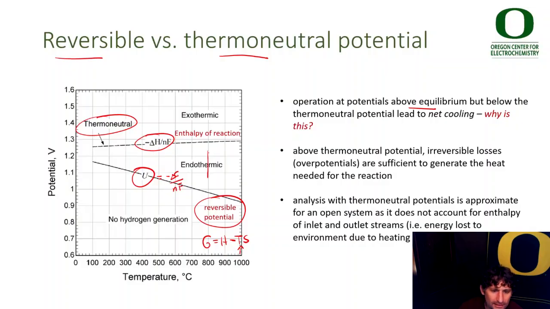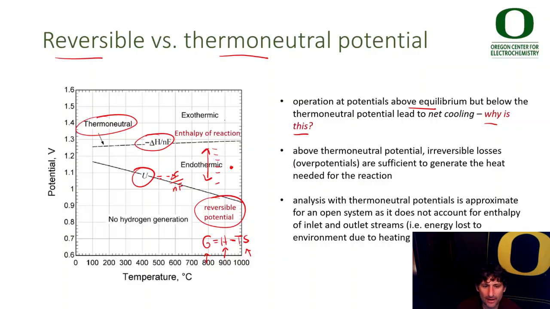If you operate in this region here, your cell will actually get colder with time. So I want you to think about why this is. Why would the cell get colder if you operate it here? I'll have you discuss this in class, but it has to do with the entropy of the reaction and the enthalpy of the reaction together determining what delta G is.